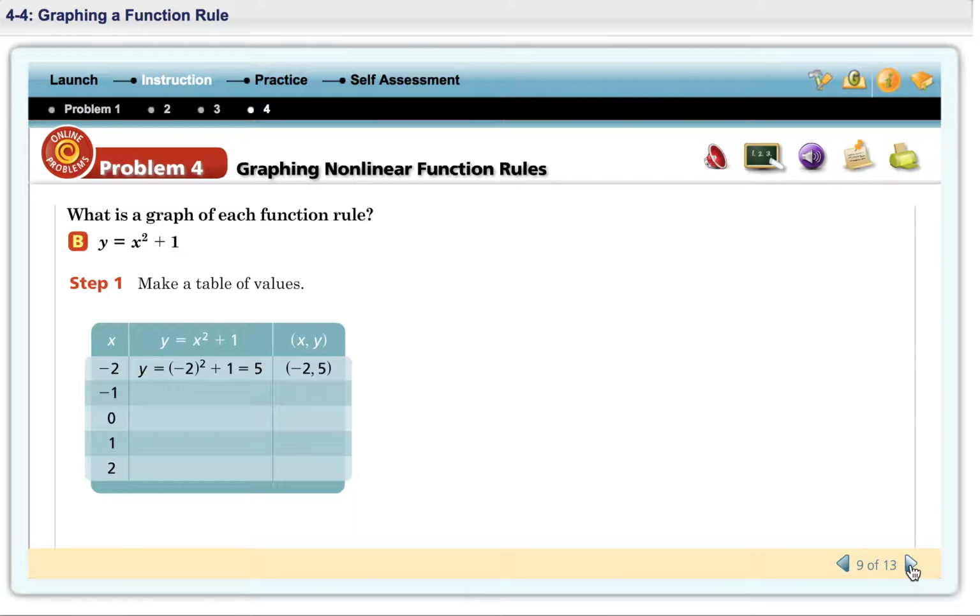When x is negative 2, y equals 5. That gives you the ordered pair negative 2, 5. When x is negative 1, y equals 2.